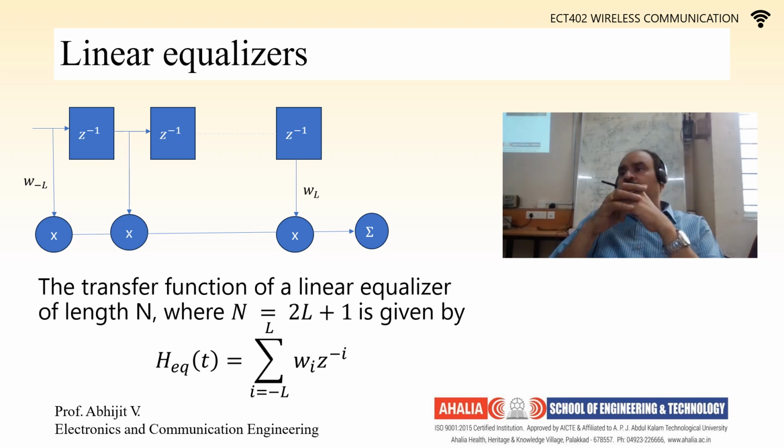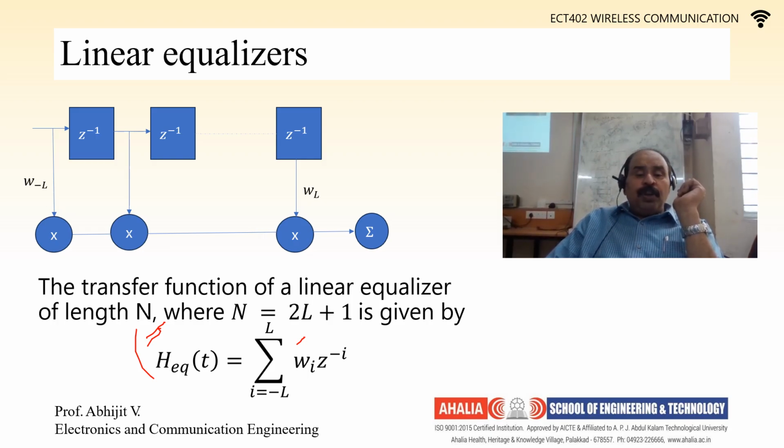So what is a linear equalizer? Draw the block diagram of a linear equalizer. The transfer function of a linear equalizer of length L, with N taps, is given by N is equal to 2L plus 1.